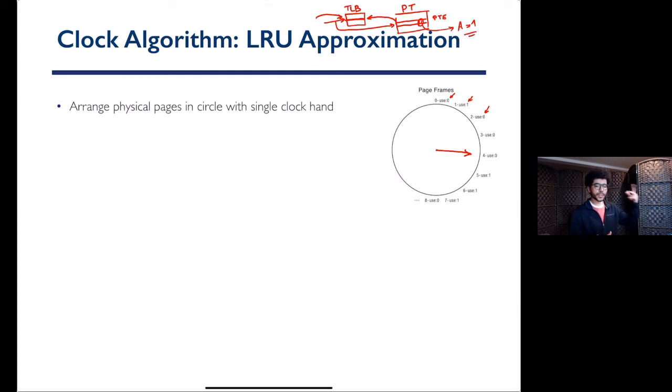So there are two scenarios that could happen. If the operating system checks this access bit, and this access bit is set to 1, it could be the case that this page was accessed once, and that's it. Or it could be that this page was accessed once and then frequently ever after, right?